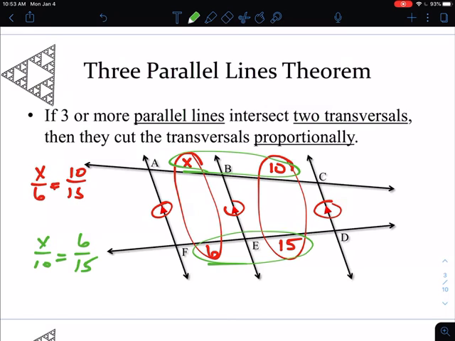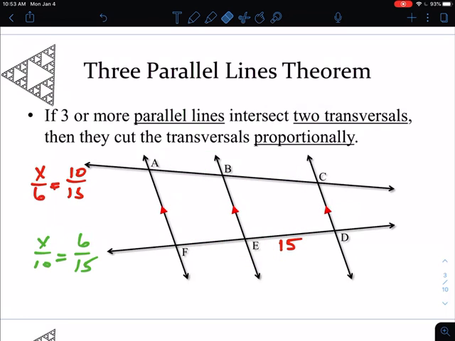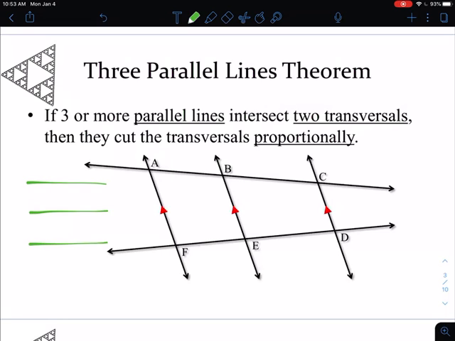So for me personally, I always do top over bottom equals top over bottom. And again, it doesn't matter how the lines are oriented when you're working with these types of problems. So like if I were to look at the same picture, but I rotate it around. So I have this line parallel to this line, parallel to this line, and then I've got these 2 lines that are coming out here.